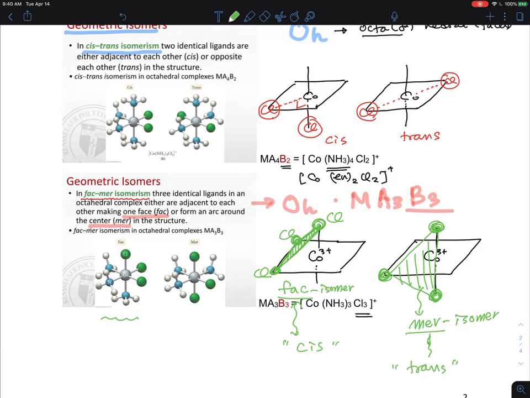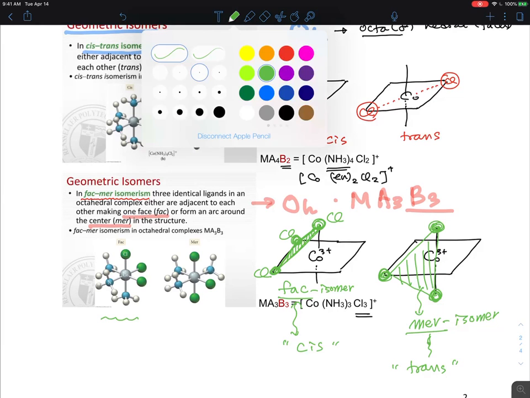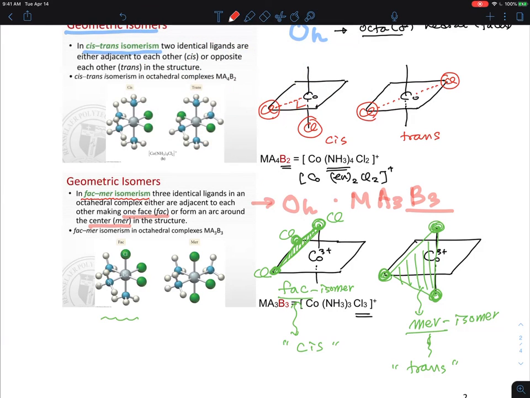If you're looking at the dictionaries, MER is related to the meridian. And if you remember your geography, meridian means going through the poles, right? So MER comes from that, going through this pole, you are forming these chlorine complexes.